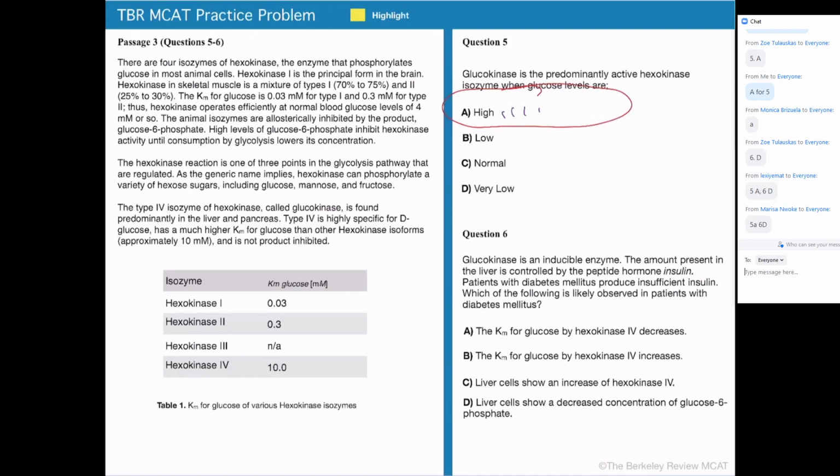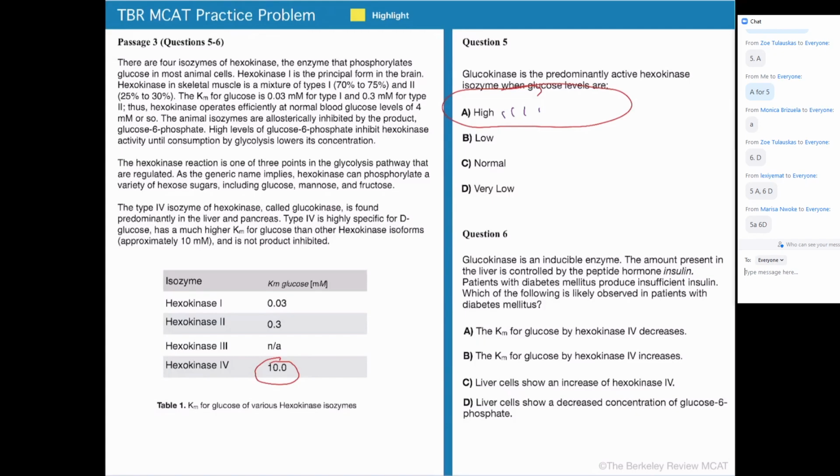And so that's just by knowing your Km values, right? If you have a high Km value, it means that glucokinase is going to have a weaker binding to glucose. So it's only active when there's a high enough concentration to make the reactants go through to products.